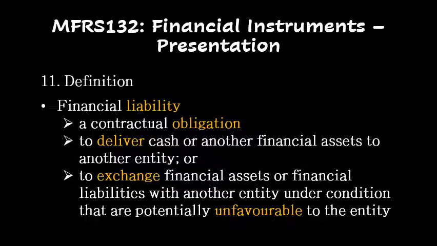Contracts, and thus financial instruments, may take a variety of forms and need not be in writing. And paragraph 14 of this standard says that the term entity includes individuals, partnerships, incorporated bodies, trusts, and government agencies.